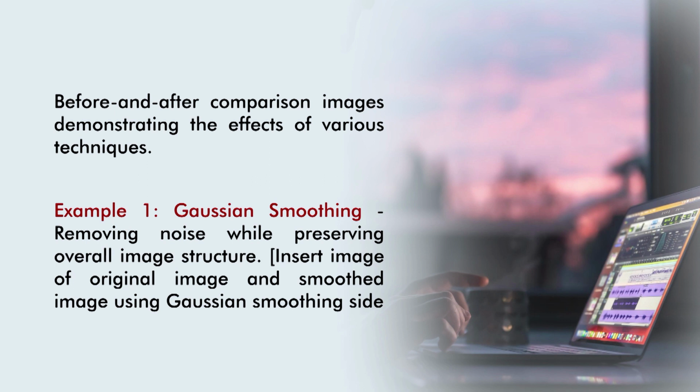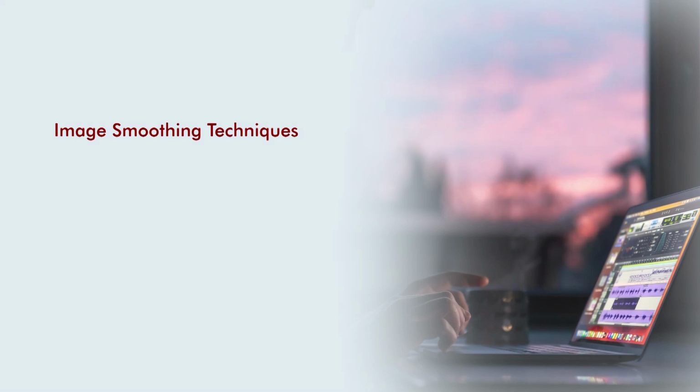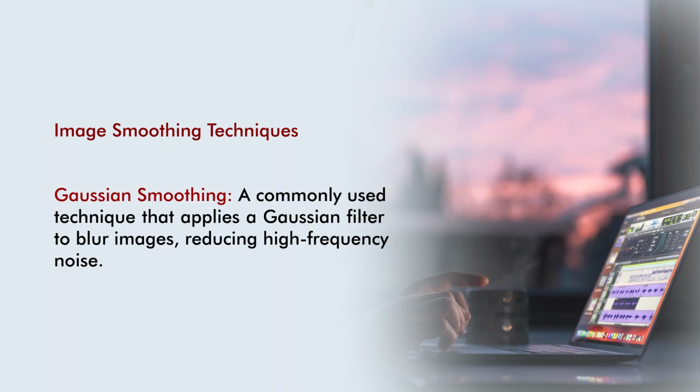In this, we insert the original image and the smoothed image using Gaussian smoothing side by side. In image smoothing, Gaussian smoothing is a commonly used technique that applies a Gaussian filter to blur images.